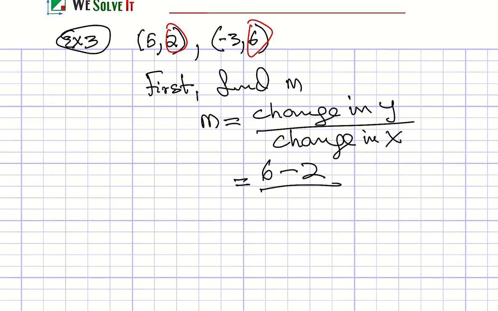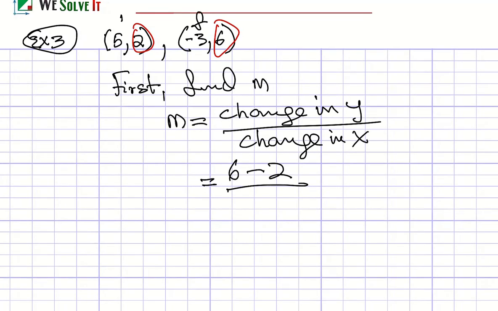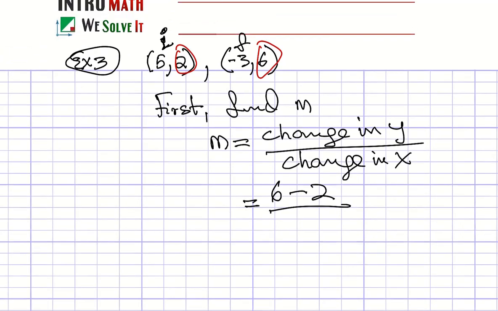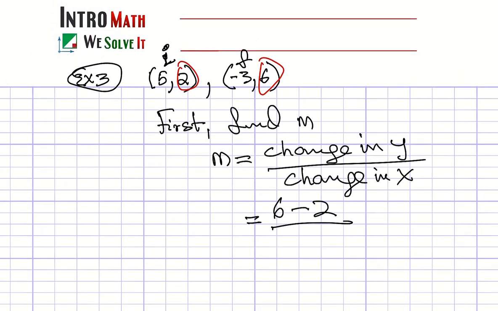But you gotta be consistent. If you're using this as a final point and this as the initial point, you gotta be consistent. Initial point, okay, final point. You have to be consistent, okay? So given that, then we'll say change in x is minus 3 minus 5.